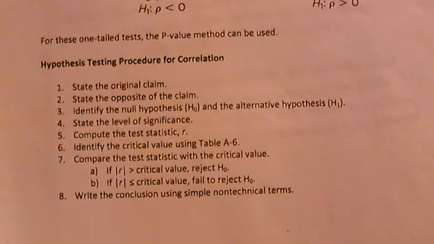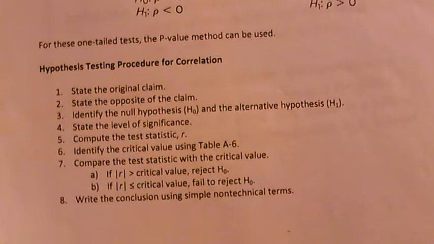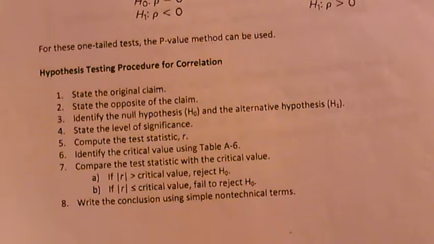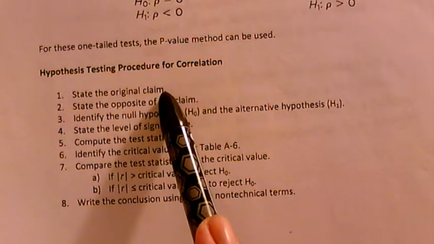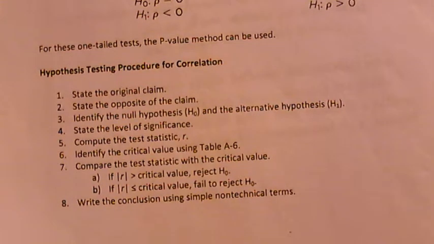And at the bottom here, I'll summarize the hypothesis testing procedure for a correlation, which is similar to the 8-step procedure that we did for hypothesis testing for testing the claim about a proportion, the mean, and the standard deviation or variance. The first step, you state the original claim, and then next you state the opposite of the original claim, and then step number 3, identify the null and alternative hypothesis, and then step 4, state the level of significance.